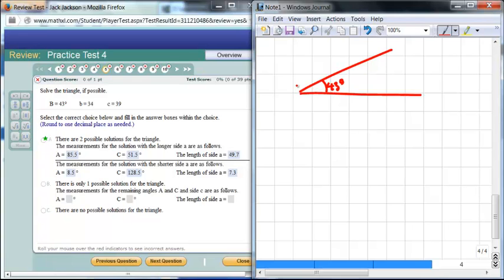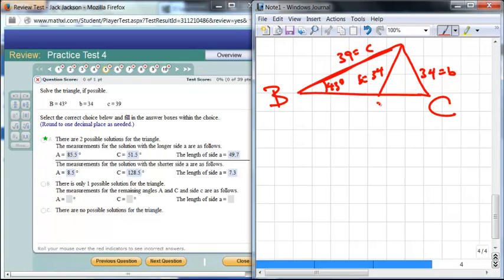One of the sides next to it, let's say this one, is 39 units, and this one here is 34. Now it might be here or here, possibly, for the other side. So this is B, and this is C, and this is angle B, so that makes this angle C here, or the angle C here.